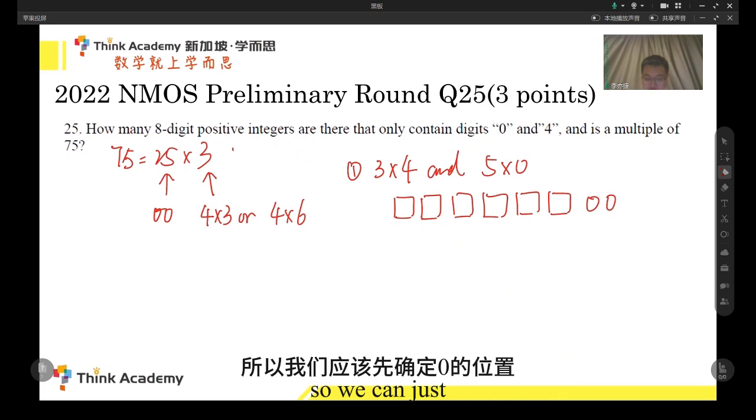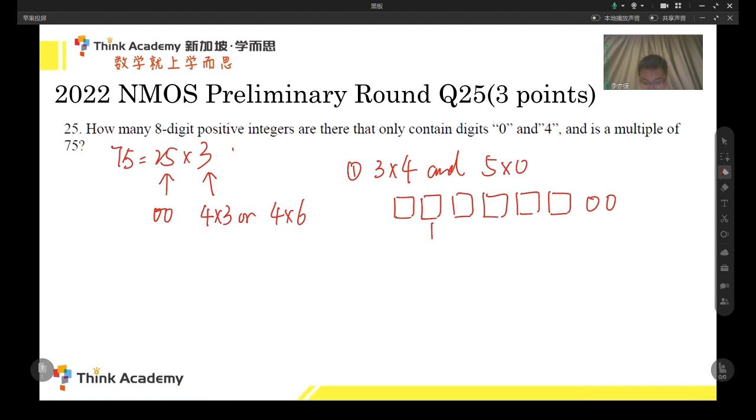So we can just choose the places for the remaining 3 zeros. There are 1, 2, 3, 4, 5, these 5 places that can be written as 0. We choose 3 from them to be 0. So this is choose 3 from 5, which equals 5 times 4 times 3 divided by 3 times 2 times 1.